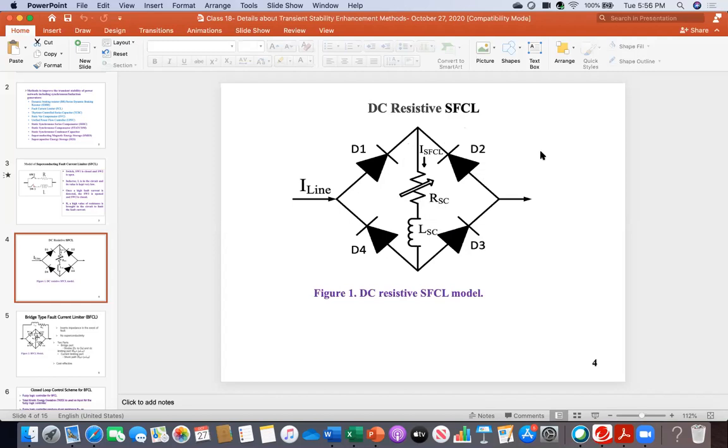Dr. Ali, I have a question, please. During normal condition, would this be energy storage or no? It will store some energy. It's a good question. Therefore it will store some energy. That's why in real practice, there will actually be a switch here and then a diode here. I am showing another picture.